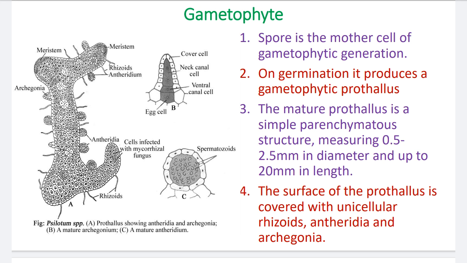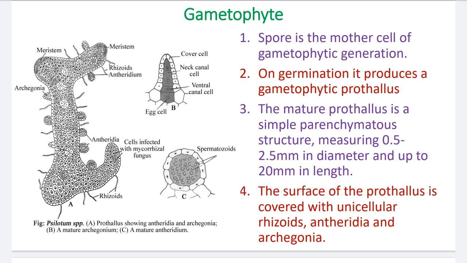In diagram B is the structure of the mature archegonium. The archegonium is a flask shaped structure. The basal venter is there, and the upper neck is there. The neck contains neck canal cells, the venter contains a venter canal cell, and at the base of the venter there is an egg, which is a non-motile structure.